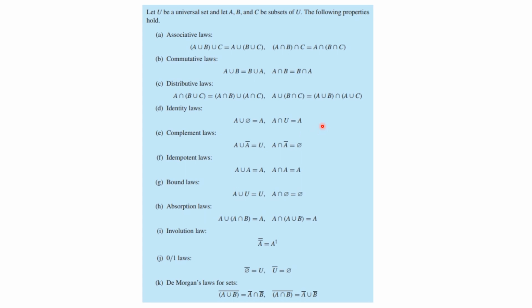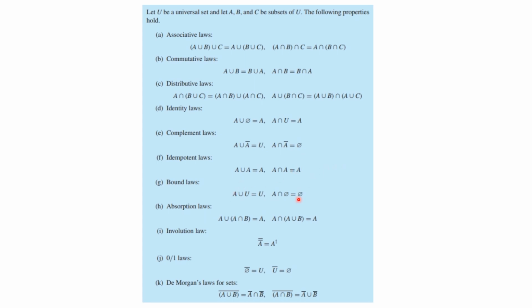Whereas if you add 0 to a number, you get the number back again, and if you multiply a number by 1, you get the number back again. The same thing is true with sets. We have an identity for the union and an identity for the intersection. We have complements. Something is either in A or it's not in A, and together it adds up to the universal set. Something's never in A and not A, and therefore that's equal to the null set.